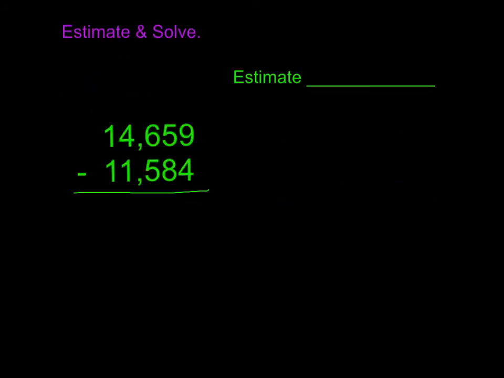On our next one here, we have 14,659 subtract 11,584. And on this one, I'm going to form an estimate by rounding to the nearest 1,000. So I'm going to highlight my digit that's in the thousands, which is the 4 for that first one. And I'm going to look right next door.